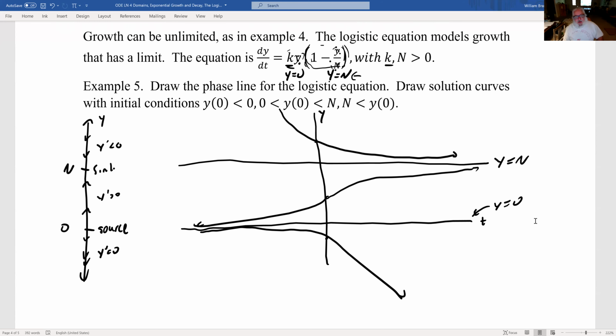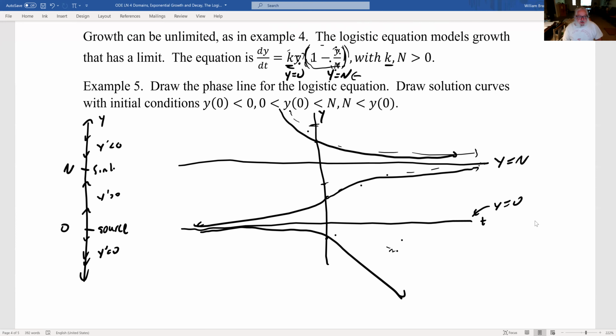And so there's some ideal population, which is n. With this kind of model, your population always settles down to n, regardless of whether you start with too many or too few animals. Of course, this part down here is starting with negative animals, and you're not allowed to do that.